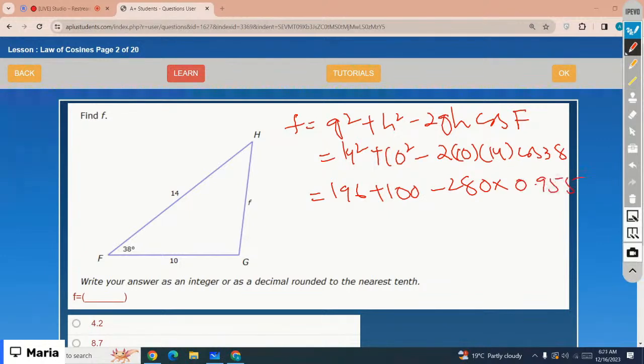Just multiply it with 280. So 280 times 0.955, that is 267.4. Just subtract. So 296 minus 267.4.